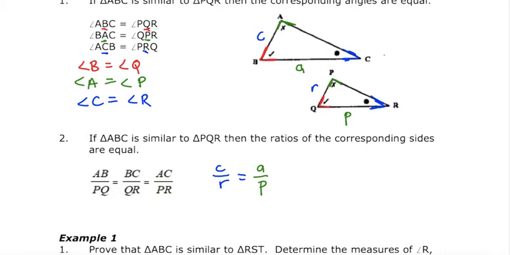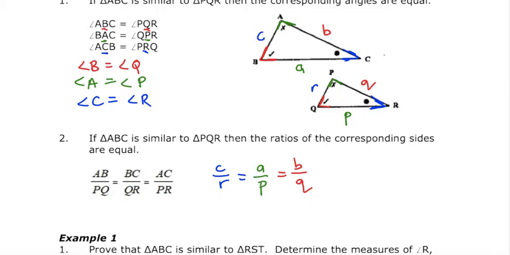And the last one, AC is the same as side b, and PR is the same as side q. So again, you can either use the corners that make up that line, or you can denote it using this single letter to represent the side. Remember, angles are capital letters, sides are lowercase letters. So that's important to note as well.